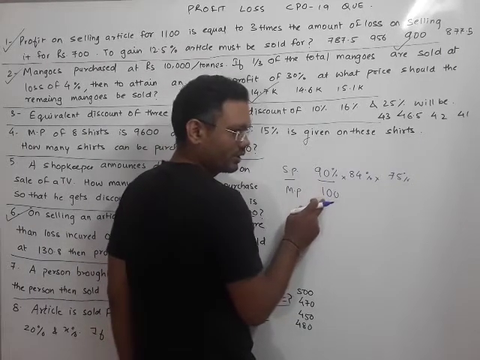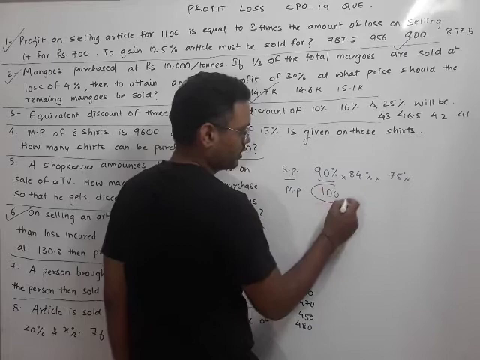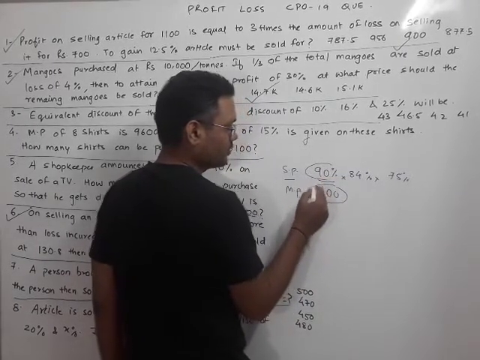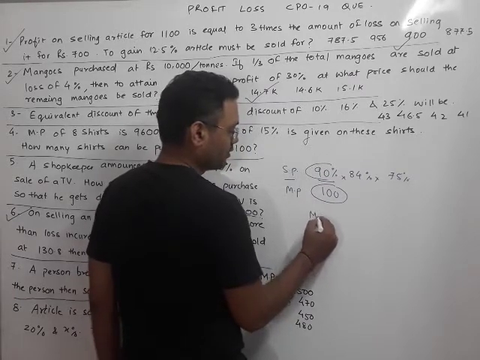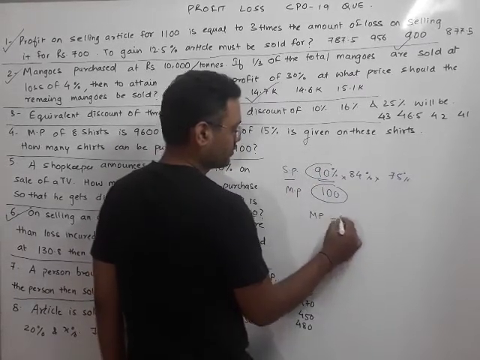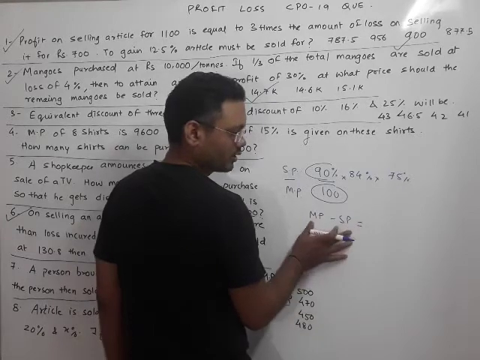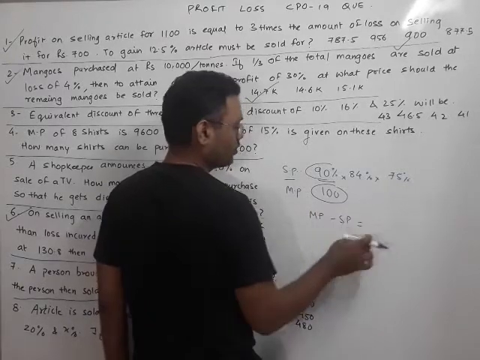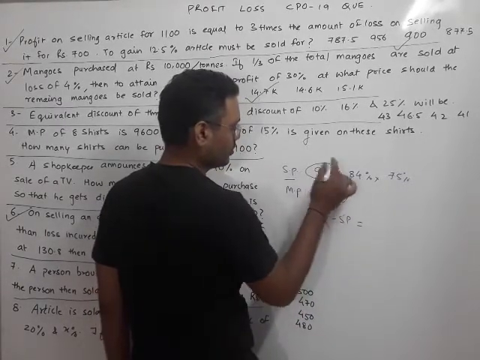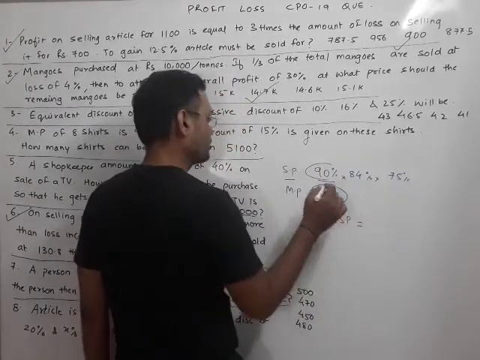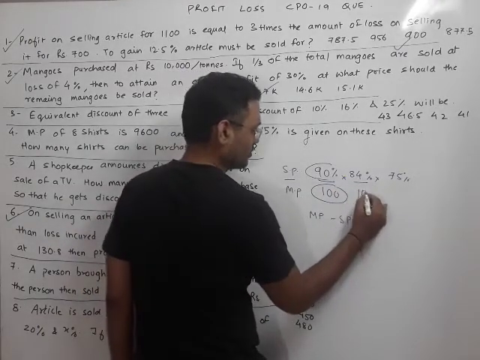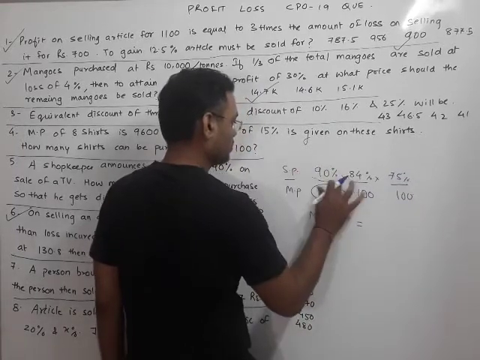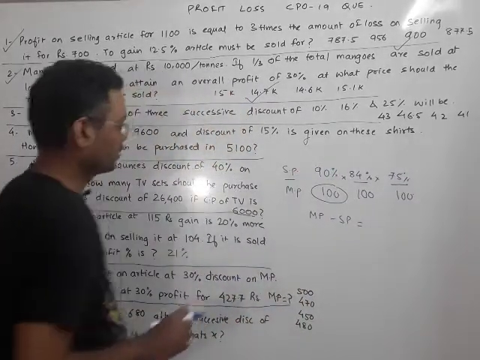I marked my shirt at 100, but I'm selling it at 90. Means how much discount I have given? 10%. What have I done? This minus this. No need to learn this by heart. This is just a percent. It's just another equated form of what we generally do without equations. Now I'm saying there are 3 such cases.